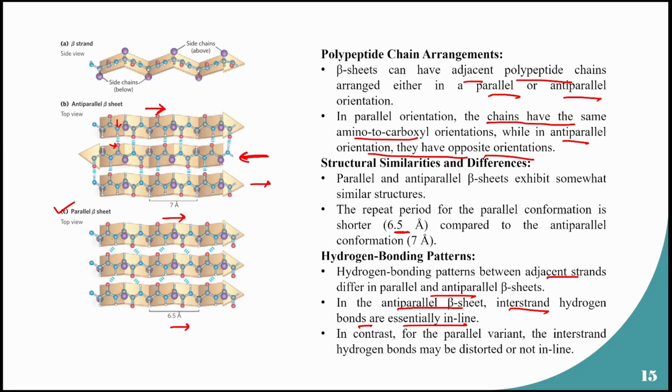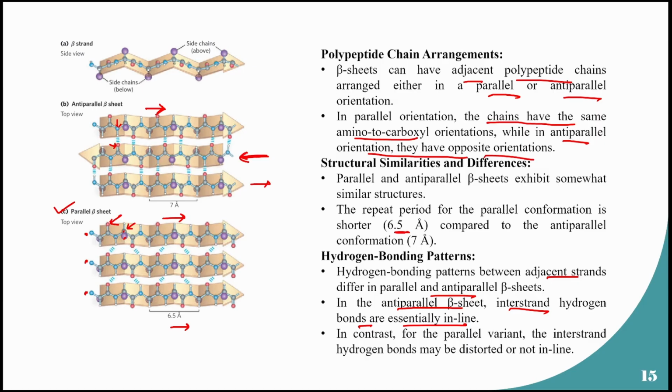For example, first of all, these gray ones are the carbon atoms. These are the side chains. These are the nitrogens. The red ones are oxygens. You will notice that this nitrogen, this nitrogen, this nitrogen are in line, right? This oxygen and the oxygen in the downward strand are also in line. The carbons, the side chains and so on are also in line.